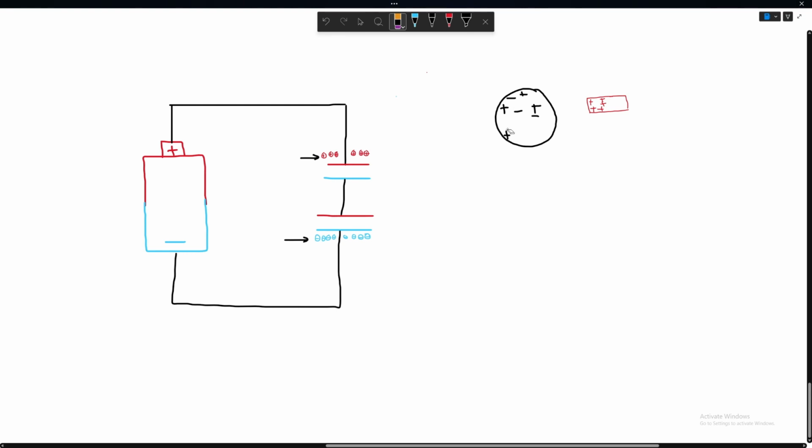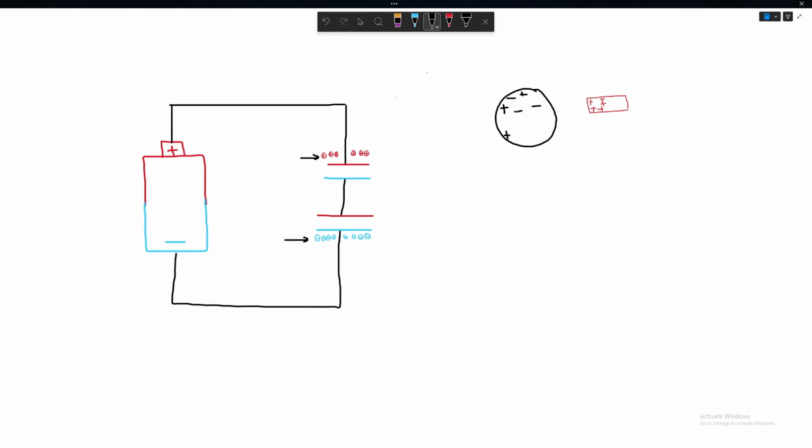These positives will stay where they're at, but all these negatives will move and they'll go right on the side here. And that will create charge separation. Remember, electrons are free to move inside conductors. And so they'll move to one side, leaving a lot of positive on the other. All the electrons will move to the right, and this is charge separation.